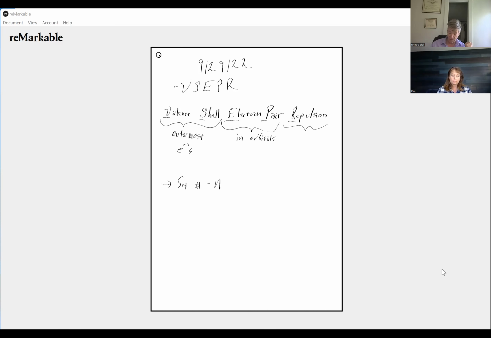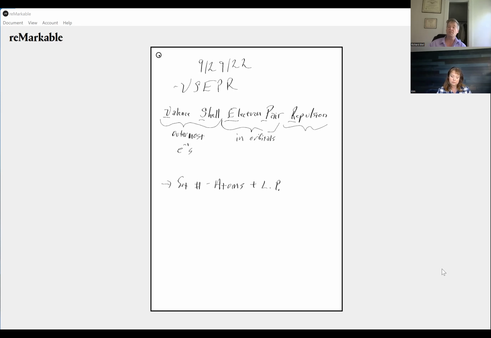It includes the number of atoms bonded directly to the element, and we're only talking about directly to that one specific element. I'll give you examples here soon. It's the number of atoms bonded to it plus the number of lone pairs assigned to that central element. Not the total number of lone pairs in the molecule, the number of lone pairs on that central element.